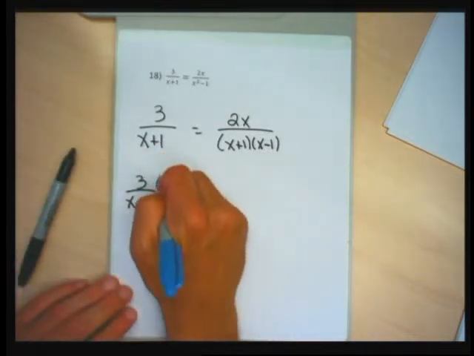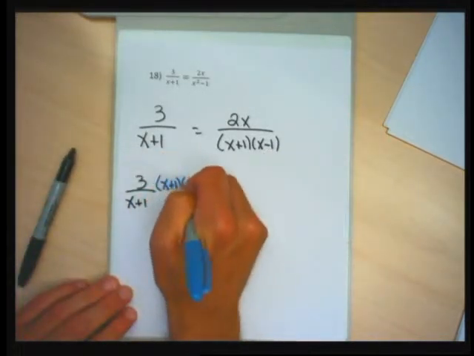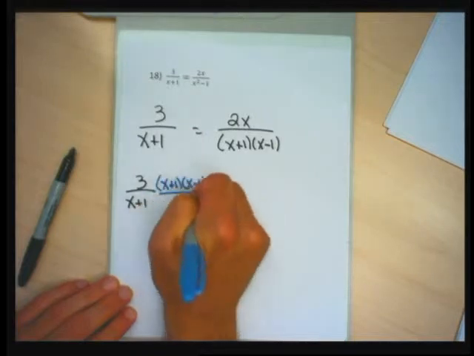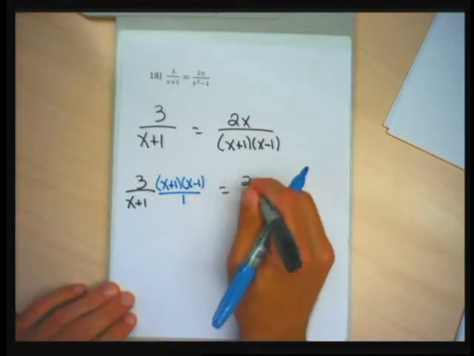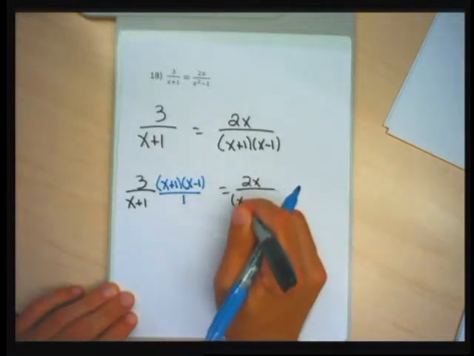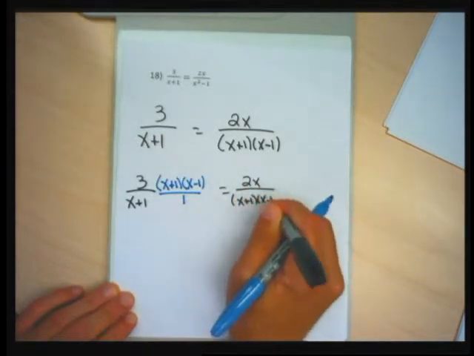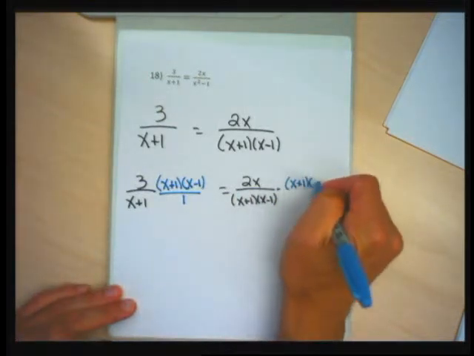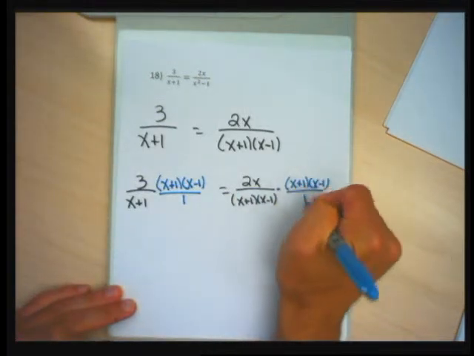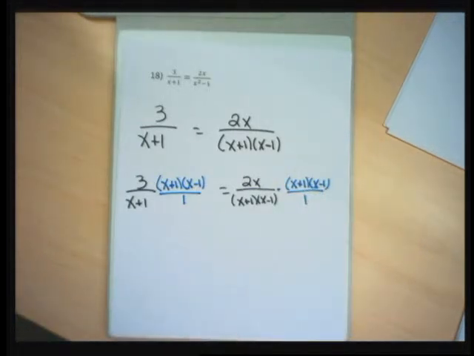I'm going to multiply each piece by x plus 1 times x minus 1 over 1, because that will clear both fractions. So I find something that's going to clear the fractions when I multiply by it, and I multiply each piece by that over 1 like I've done for every problem.